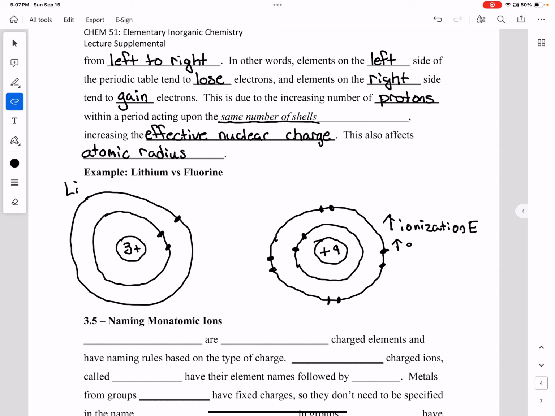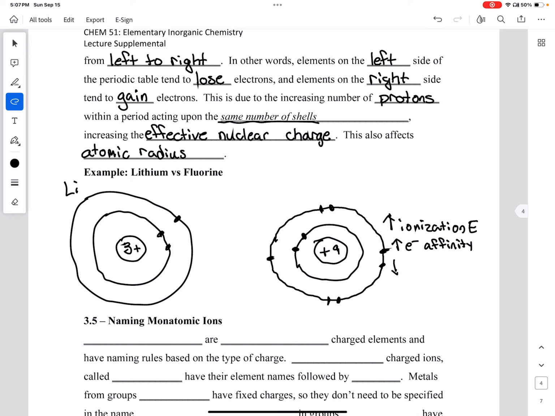So it increases electron affinity. It's more likely to pull in an extra electron. Oh, and I actually accidentally added too many electrons. There we go. Should be 7 electrons.